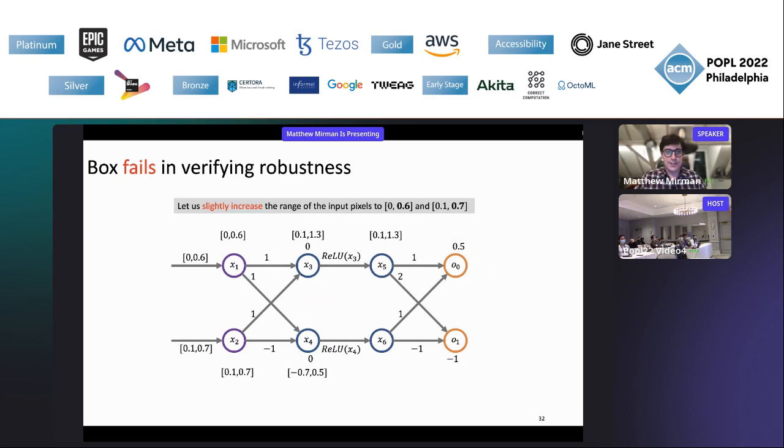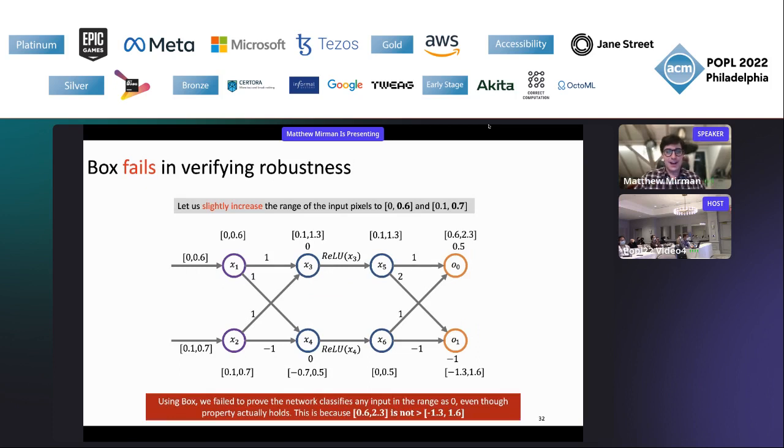Taking the ReLU of x3 again gives us the same result, 0.1 to 1.3. Taking the ReLU of x4 again caps everything below 0, so now it's 0 to 0.5. And here we add it together and again produce this not quite correct result, 0.6 to 2.3, and this other not quite correct result, negative 1.3 to 1.6.